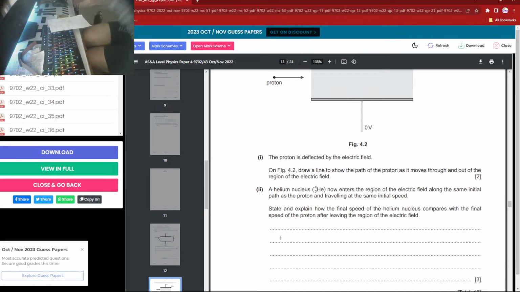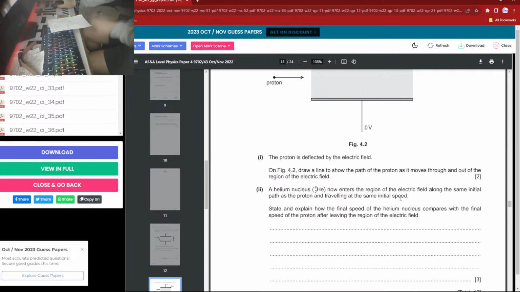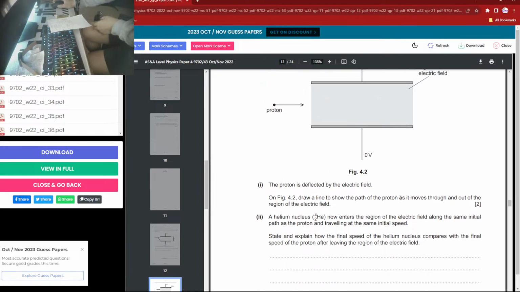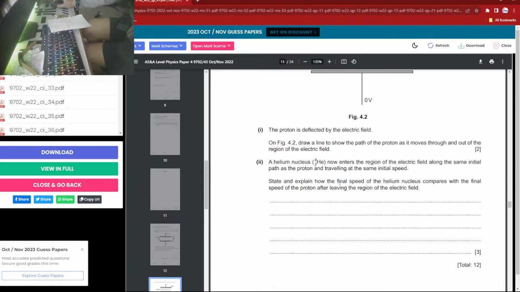So as it is twice the charge and 4 times the mass, the path will actually be a bit the same, I think. It'll have the same path due to it having equal ratios. No, sorry. Twice the charge. It'll be going down more. How do I write that actually?